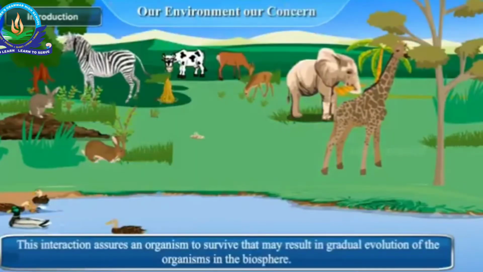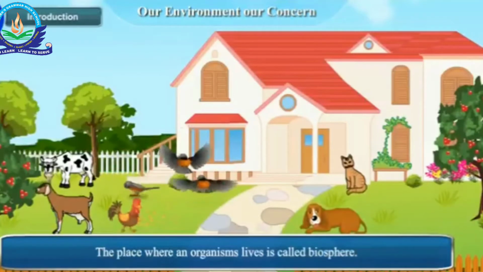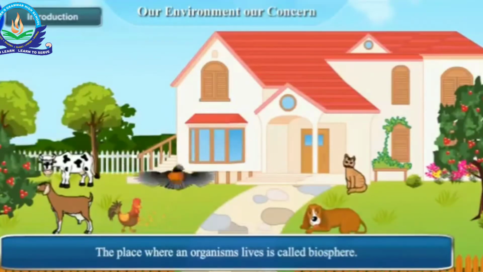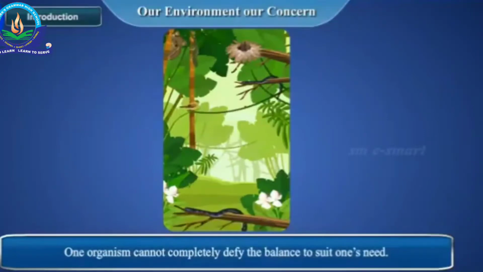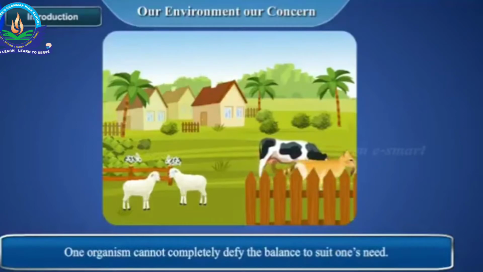This interaction assures an organism's survival and may result in gradual evolution of the organism in the biosphere. The place wherein organisms live is called the biosphere. One organism cannot completely defy the balance to suit one's need.